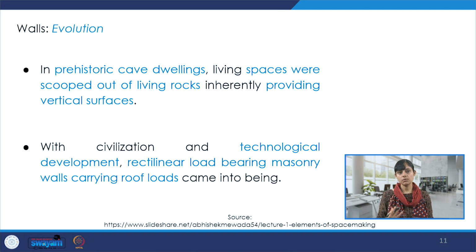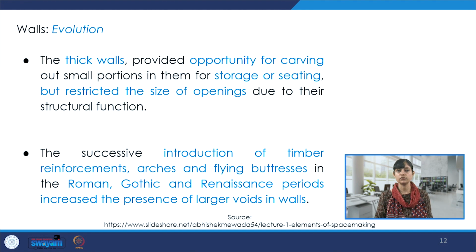Now talking a bit about the evolution of walls, if we look at the prehistoric cave dwellings, there the spaces were scooped out of living rocks and therefore they inherently provided vertical surfaces. Now with technological development, we see rectilinear load bearing masonry walls. They carry roof loads and now we see a lot of examples of those.